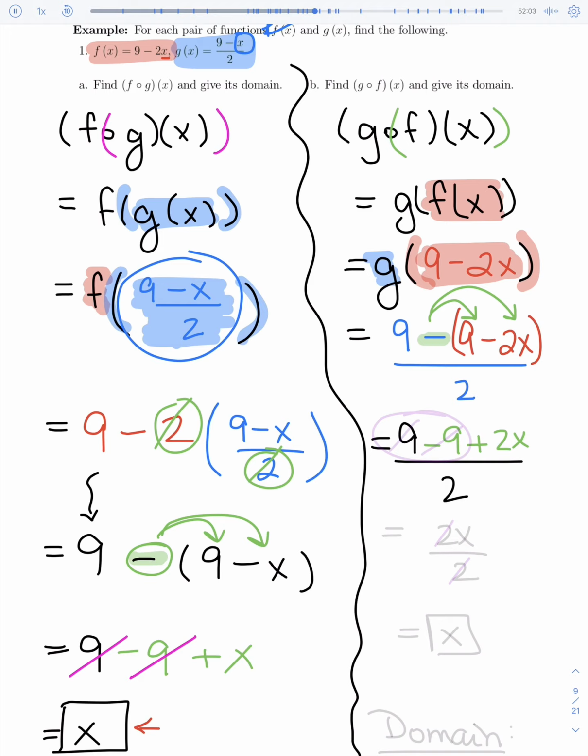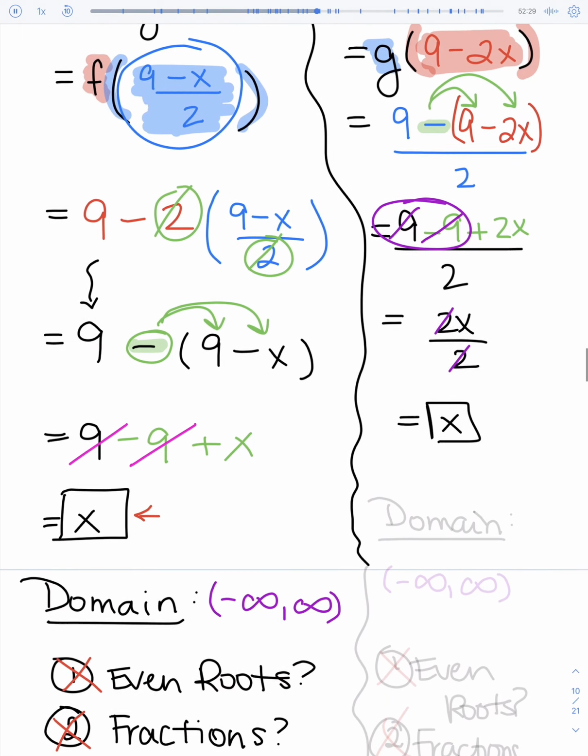Continuing along, now I've got a positive 9 and a negative 9 up on top. Those will cancel out because they're opposites. But that leaves me with a 2x over 2. Keep on going. Those x's will cancel out, those 2's will cancel out because I've got one on top and one on the bottom, which gives me the answer of an x again.